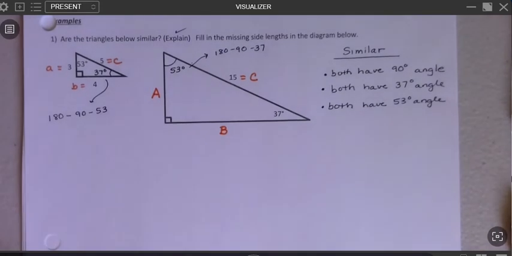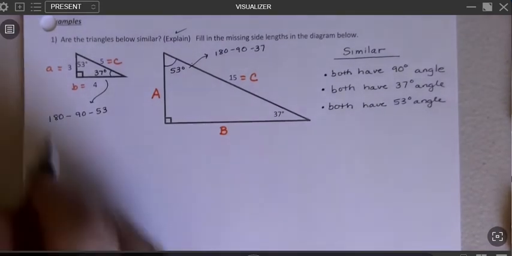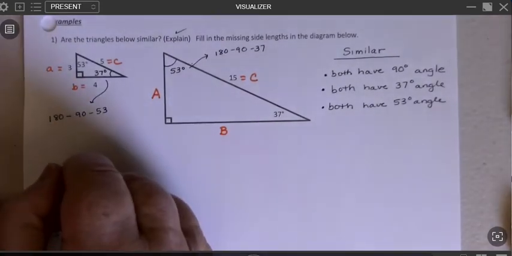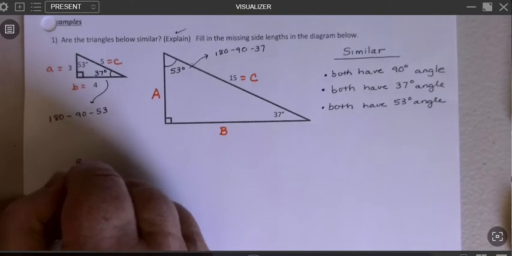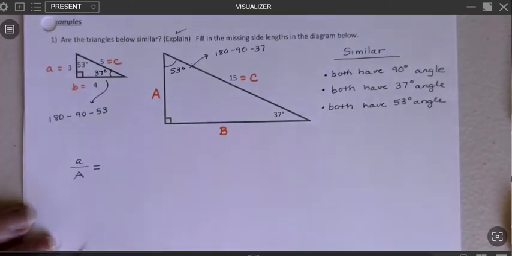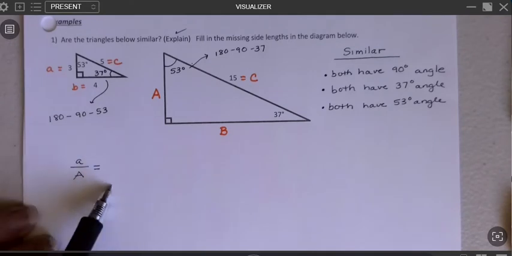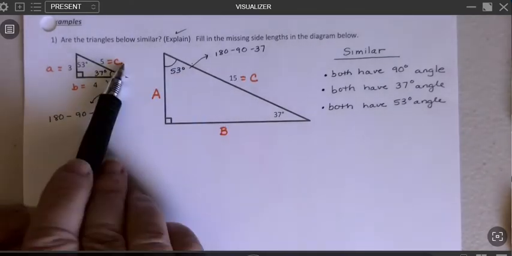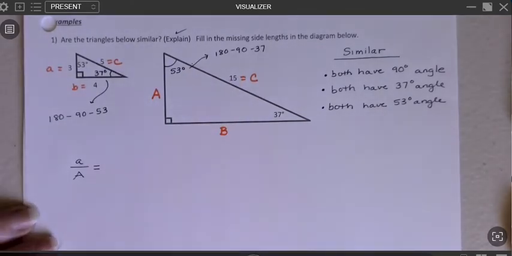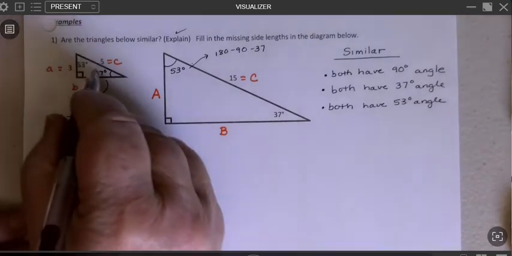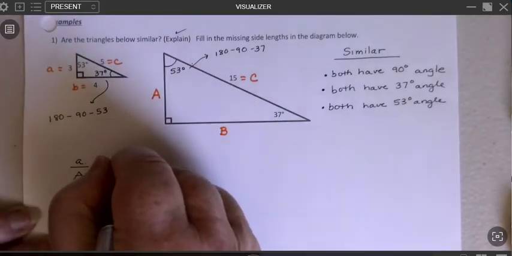All right, I'm going to go for the A's first. So I would start by saying little a over capital A. And then you always want your second fraction here to be a value that you know both the little and big values for. So in this case, I'm going to go with the 5 over 15 for the C's.